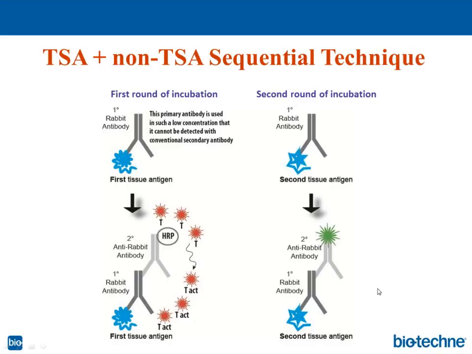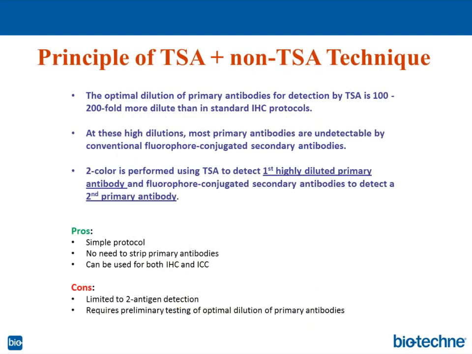And believe it or not, this technique is not new. It's been reported many, many years ago. And actually, I will show you the screenshot of the paper published in 1996. So the optimal dilution here, again, go over this technique. Optimal dilution of primary antibodies for detection by TSA is 100 to 200-fold more dilute than in standard IHC protocols.